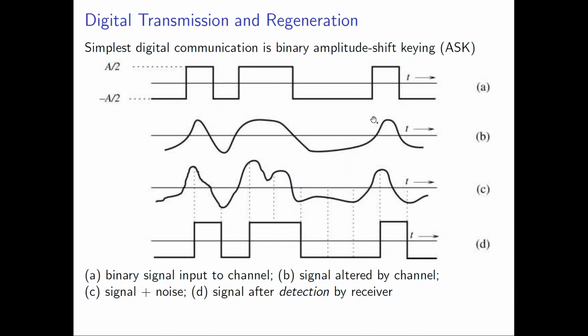So basically, how do you do that? At the receiver, you receive this signal, C. How do you get this signal? You put a threshold line like this. If the signal is above this line, then it's a perfect positive rectangle. If it is below, then it's a perfect negative rectangle.